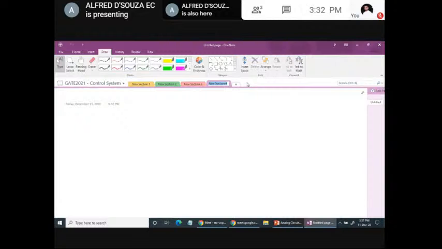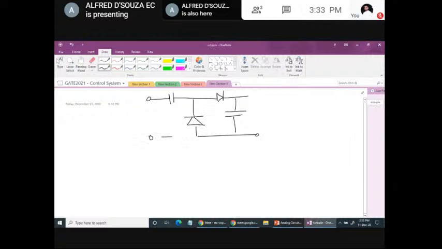So first, let me rewrite the circuit. What I have here is a capacitor, a diode, one more capacitor, and a diode here. This is Vin, this is C1, C2, D1 and D2.